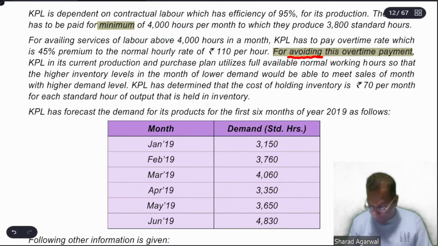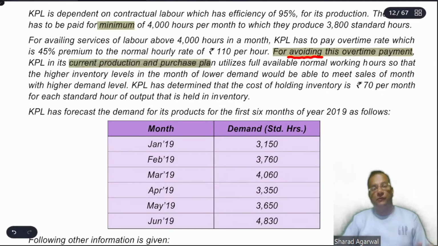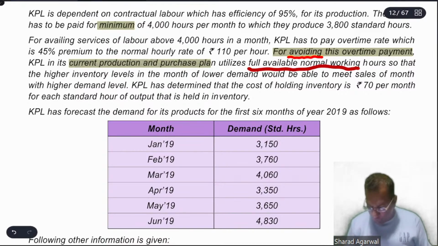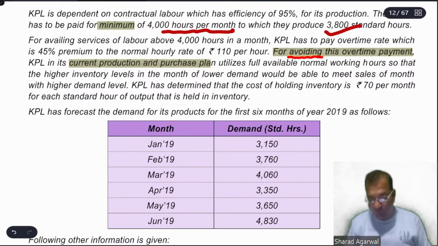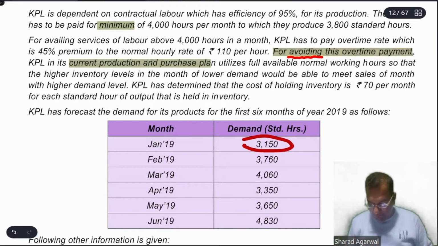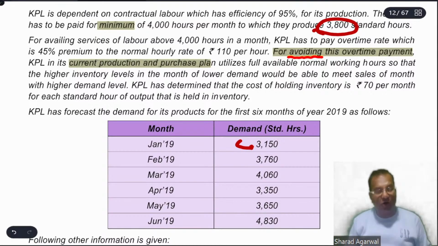We will avoid the overtime payment in the current production and purchase plan. Here it is said we will utilize the full available normal working hours. We will utilize 4,000 hours and produce 3,800. In the month of January, we have a demand of 3,150 hours, but still we will produce 3,800 output.